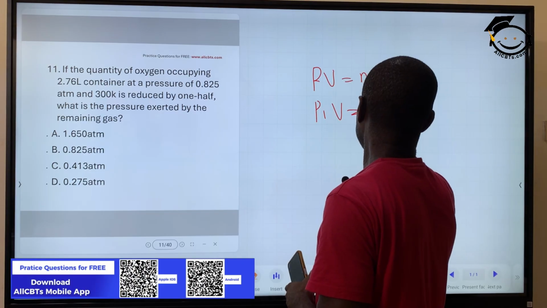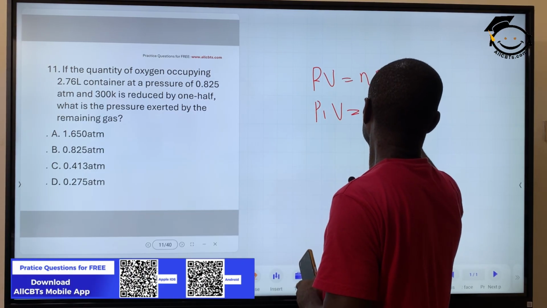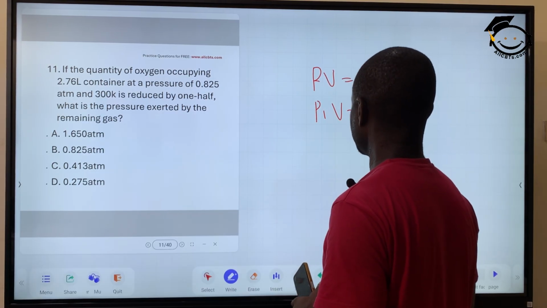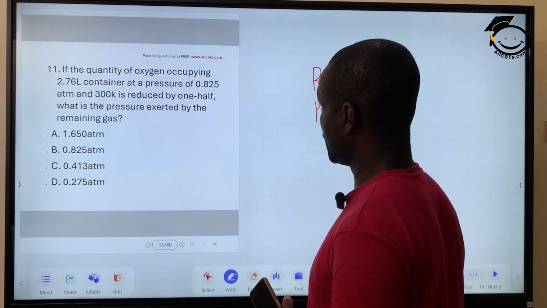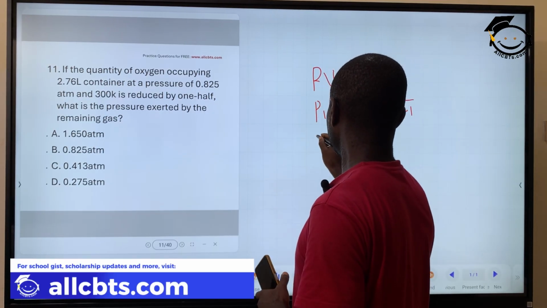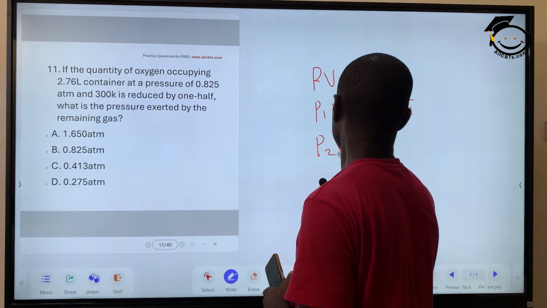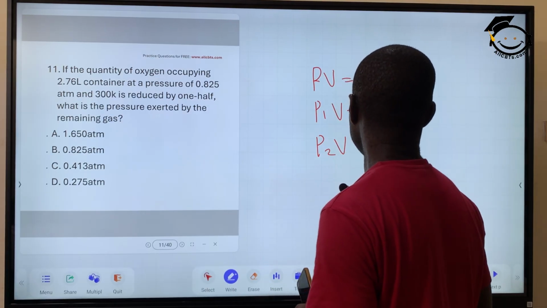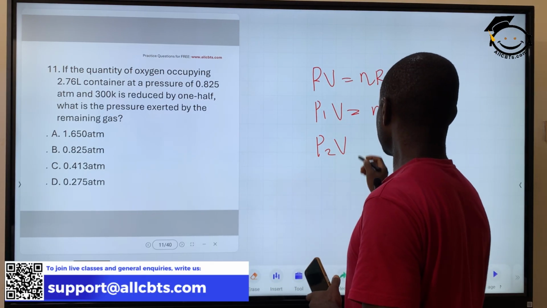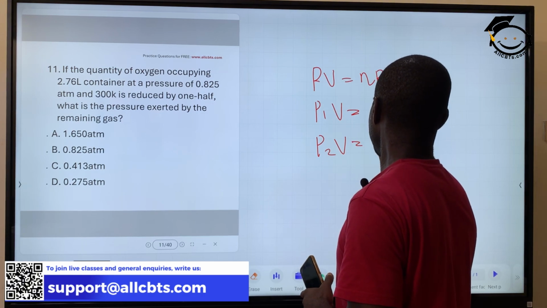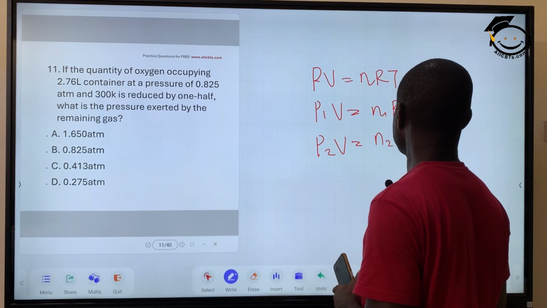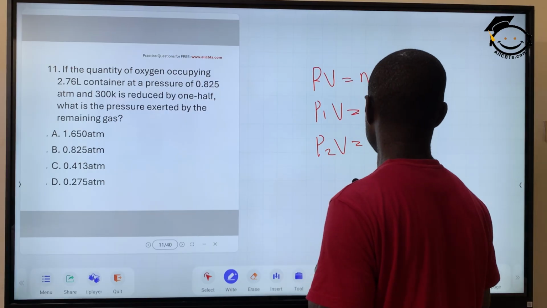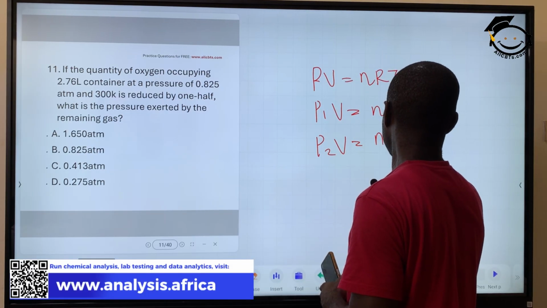So for the initial pressure, let's say P1 V equals N1 RT. That's for the initial pressure. The final pressure P2 V, because temperature and volume remain constant here, equals N2 RT, where N2 represents the change in the quantity, the amount, so number of moles.